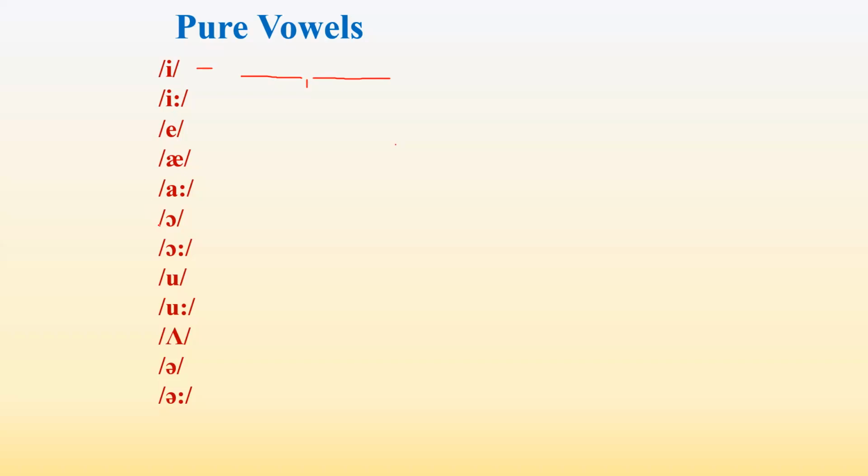And the next one, sixth, and seventh one, long one. And eighth, ninth. 10th, this is a sudden sound. We are not dragging here. This is not a long vowel. Quickly we say it. And the 11th one. Last one, 12th one.